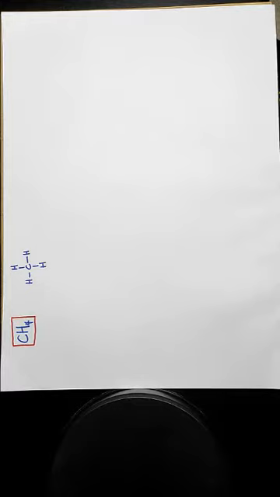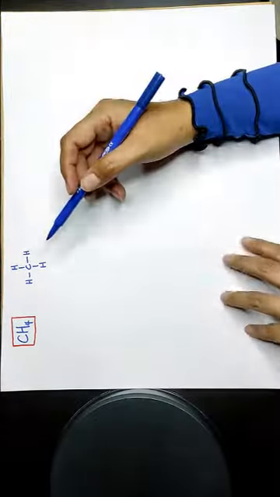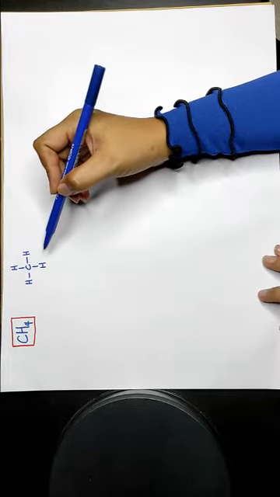Okay students, so let me show you the example of sp3 hybridization. This is the methane molecule and this is the Lewis structure of methane.